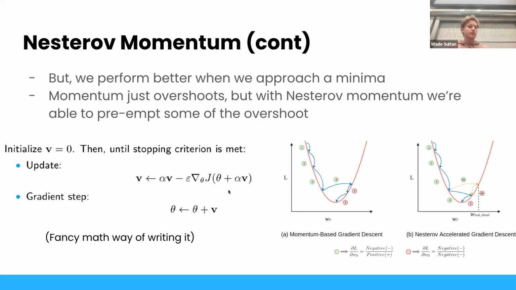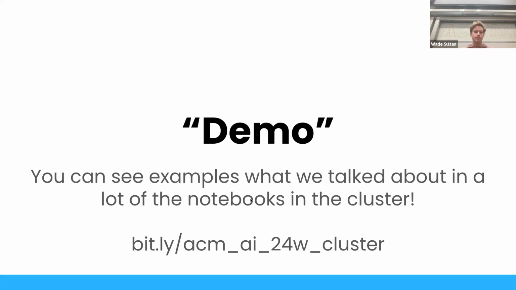Basically, this is just a fancy math way of writing it. Really the biggest thing to remember is that Nesterov allows you to predict what's going to happen. It allows you to adapt to where you want to go, and that'll help you avoid overshooting.